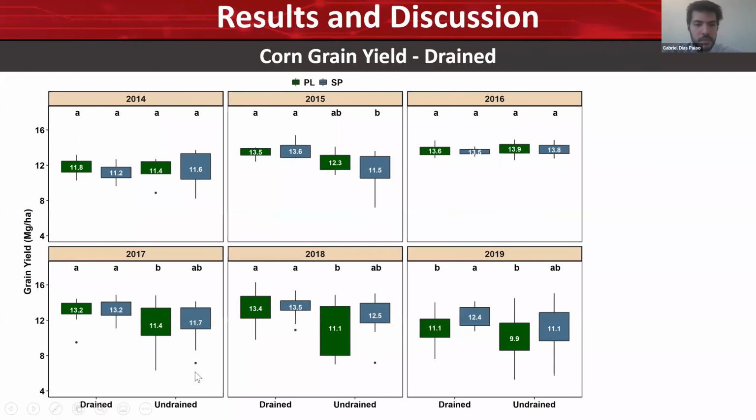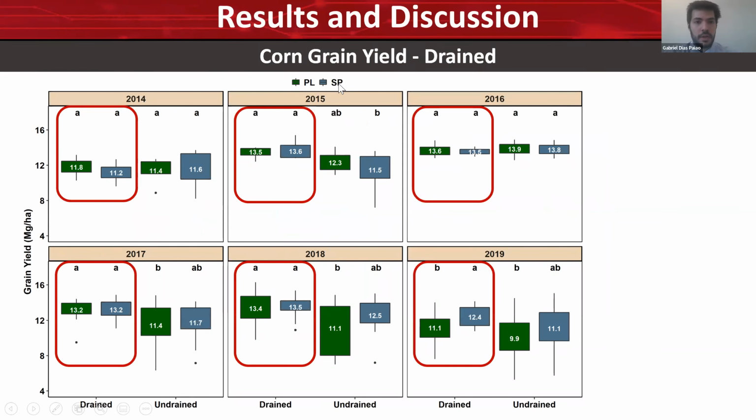Here in this figure, we are looking at grain yield for the different years. For all of the different years, we have drained and undrained conditions and the different application times: the single pre-plant versus the split nitrogen application.